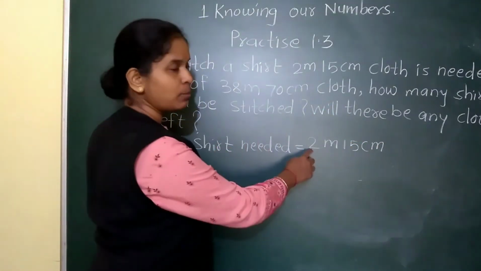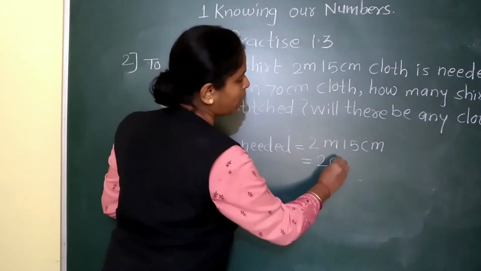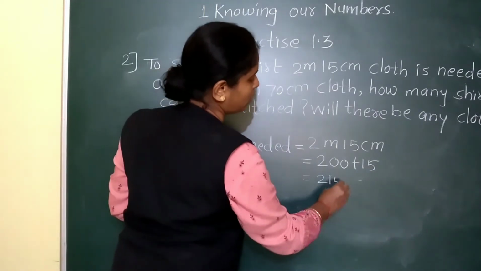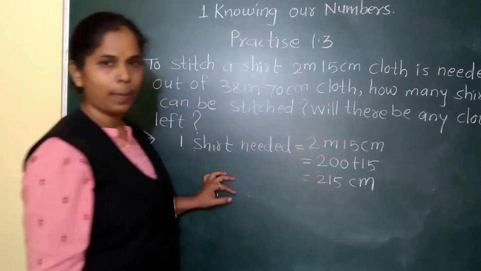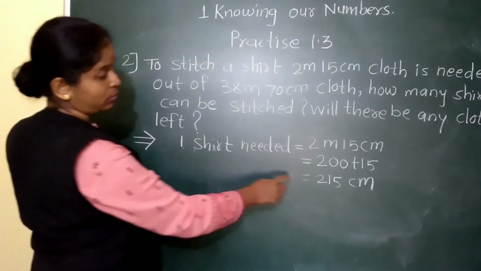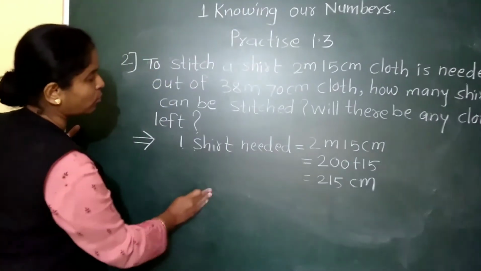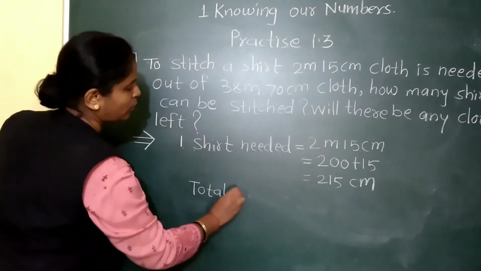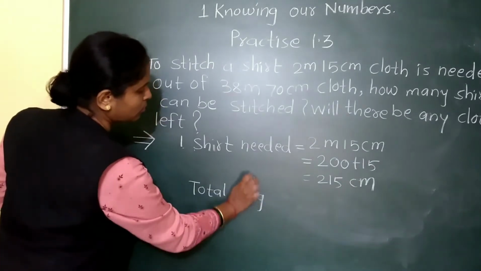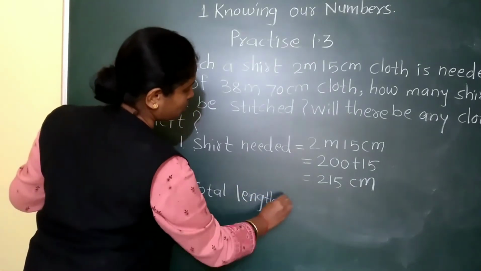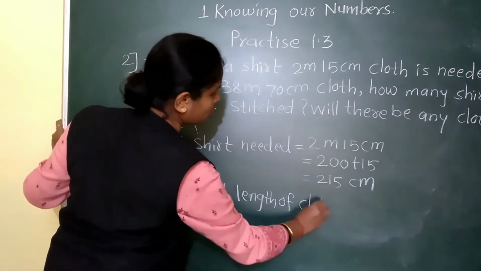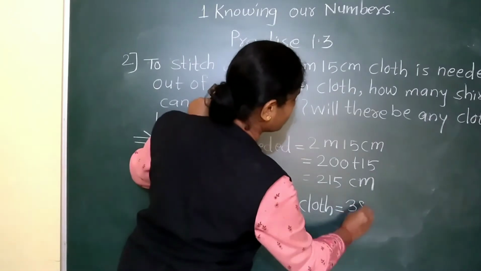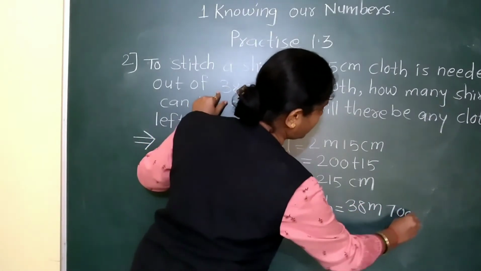Now I will convert 2 meter 15 centimeter into centimeters. So 2 meters means how many centimeters? 200 plus 15, that is 215 centimeters. Okay. And now, what is the total length of cloth? Total length of cloth is equal to 38 meter 70 centimeter.